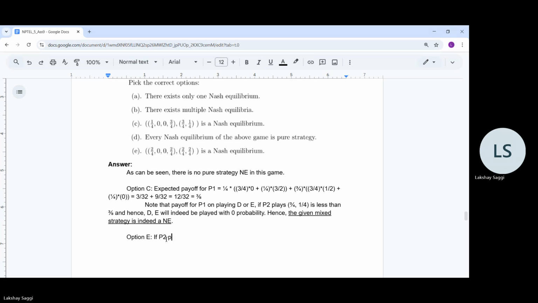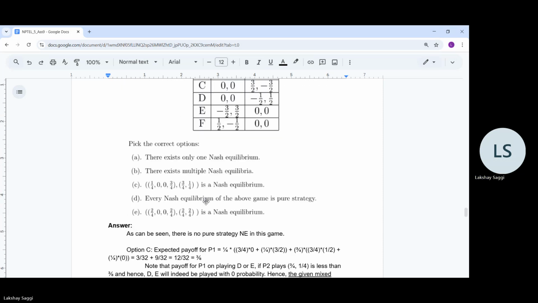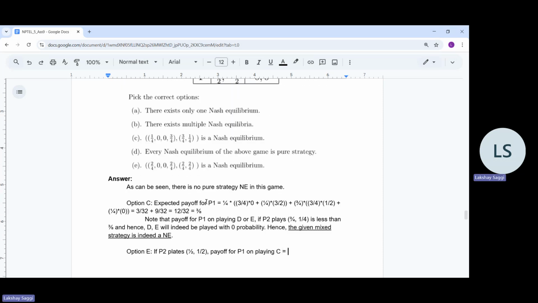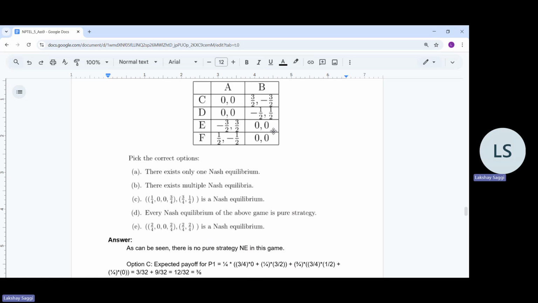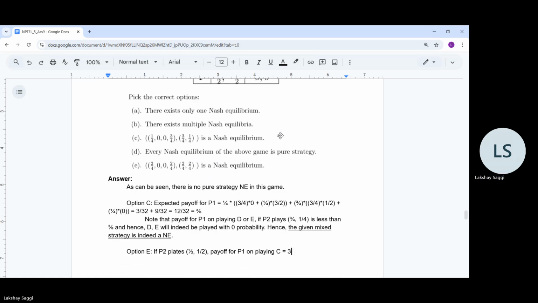If P2 plays half comma half, the payoff for P1 on playing C is equal to 3/4, whereas the payoff on playing F is equal to 1/4.